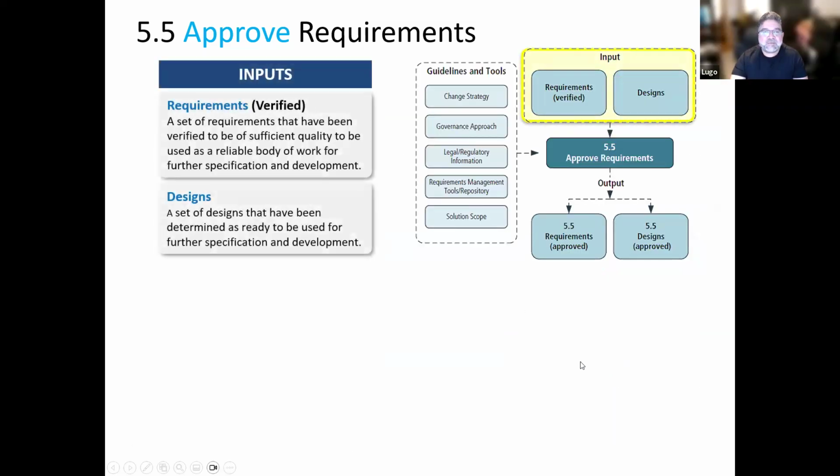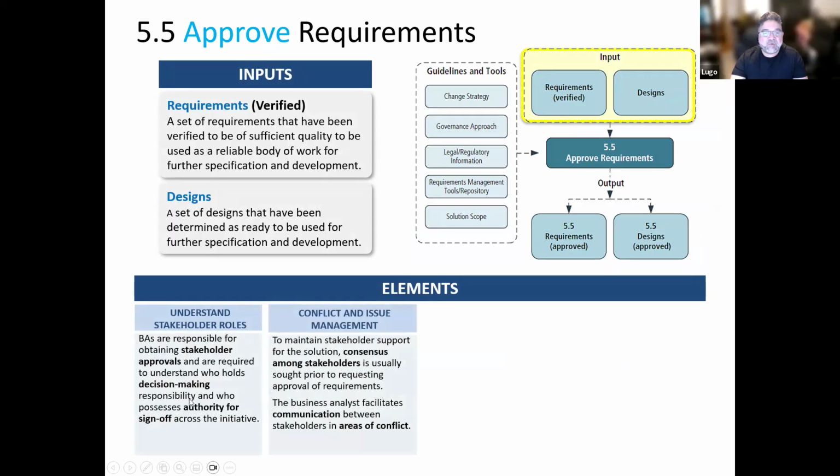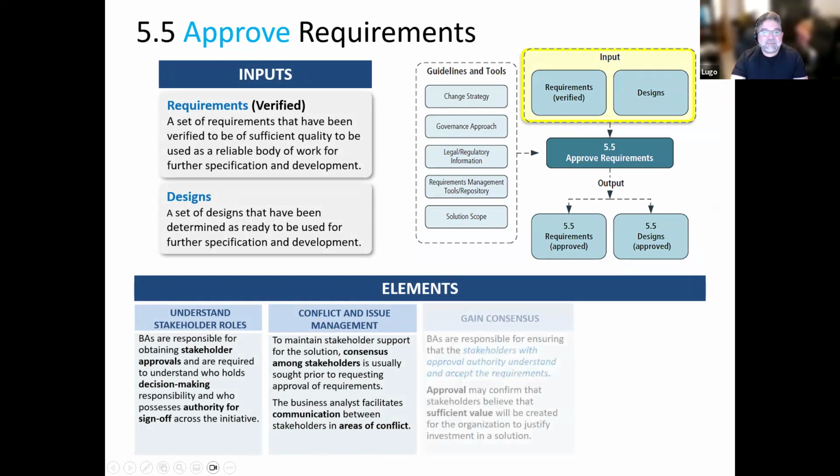So you have your inputs, the verified requirements and designs. You have your elements, which is understanding the roles of your stakeholders, ensuring that you have stakeholder support through consensus among stakeholders. This is where you become a diplomat, gaining consensus, again, ensuring that your stakeholders with approval authority understand and accept the requirements.